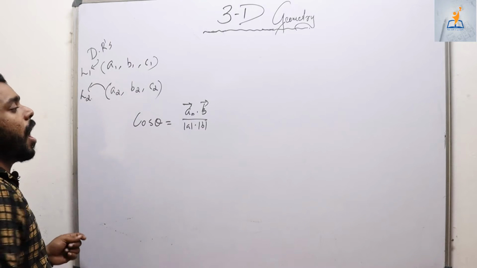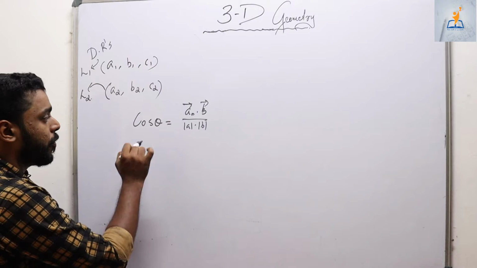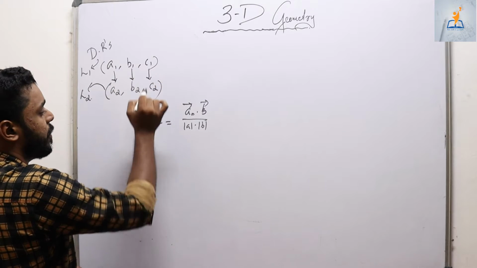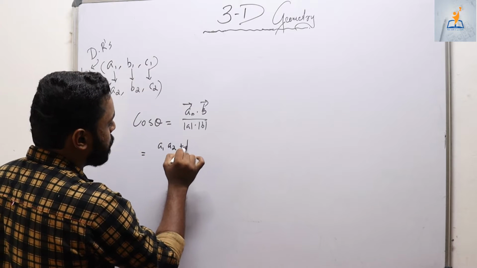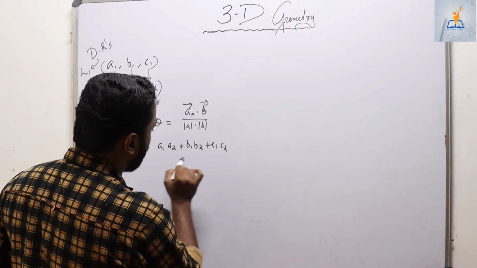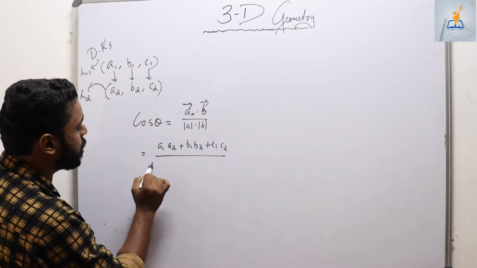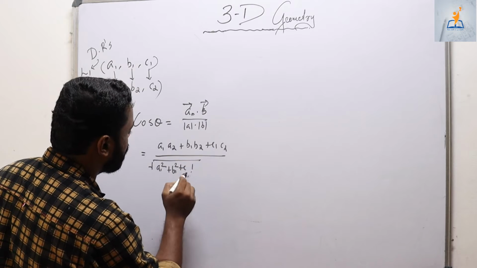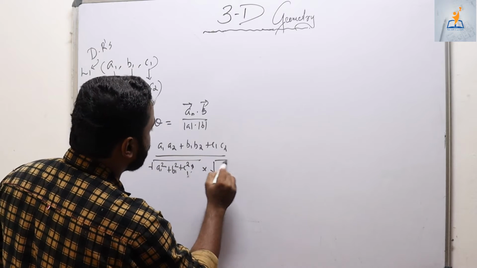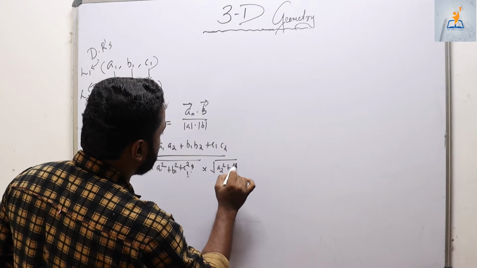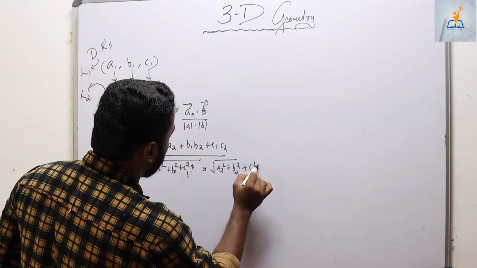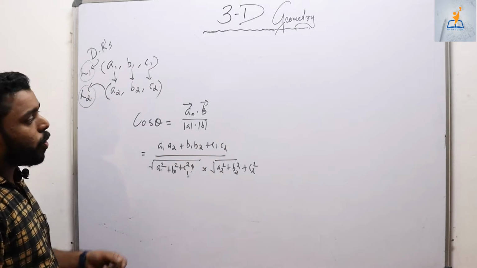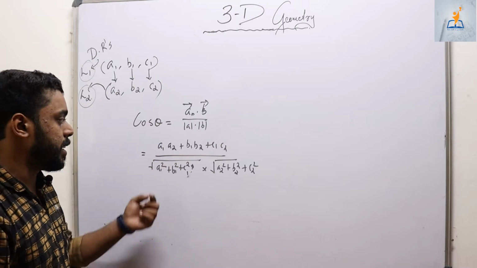Considering these two lines as two vectors, two directed line segments, we have cos theta equal to A dot B, which is a1 a2 plus b1 b2 plus c1 c2, whole divided by mod A, which is the square root of a1 square plus b1 square plus c1 square, into the square root of a2 square plus b2 square plus c2 square. Actually we are considering B as the vector L2 and A as the vector L1.